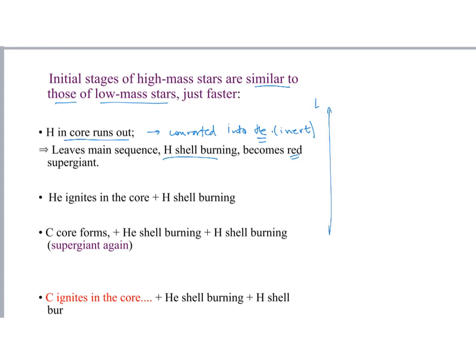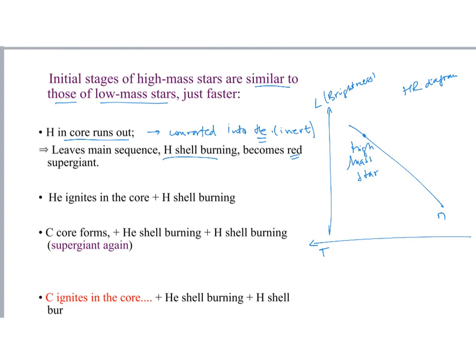So if we have here the luminosity or the brightness, we have again the temperature. So this is the HR diagram, and this was the main sequence, and this was the high mass star on the main sequence.